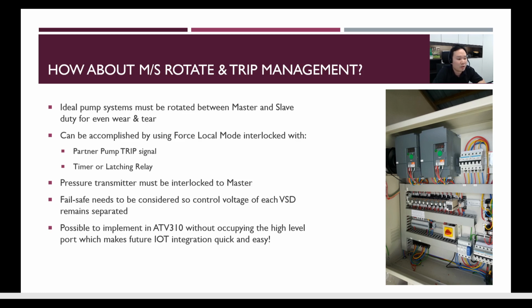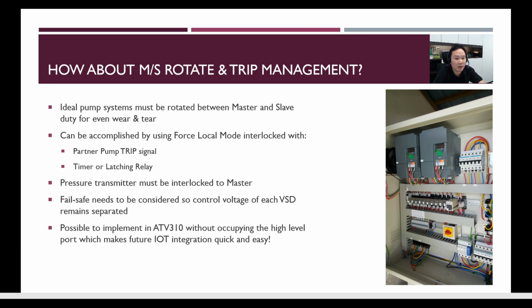So if anything happens to pump A, pump B must immediately take over the master duty. In the example just now, the PID is only active in the master, and the slave just follows whatever RPM the master is running at. So in this case, you need the function where you can switch between PID mode and local mode. It's a bit tricky, but it's doable.